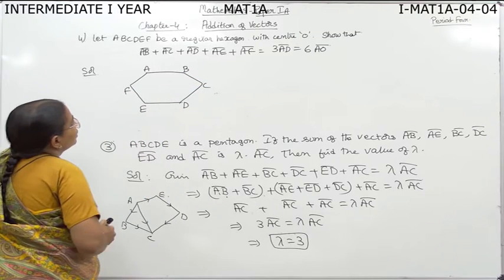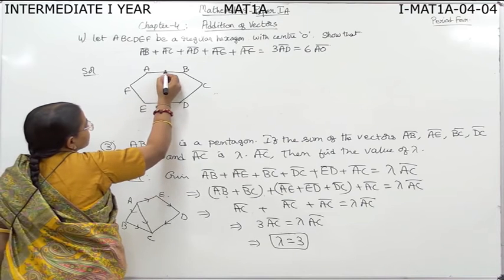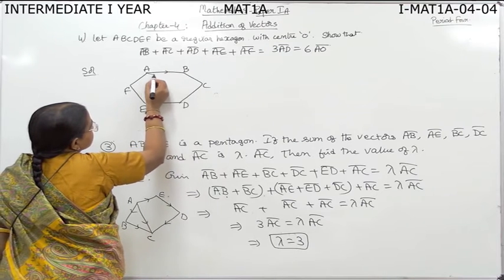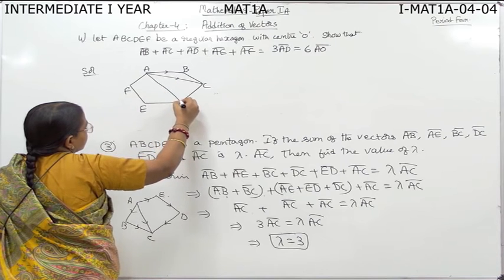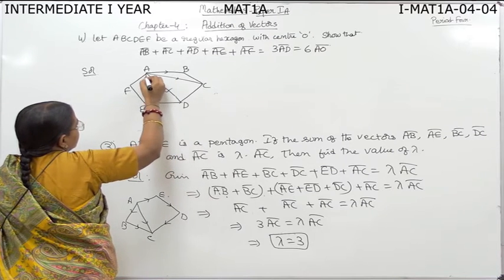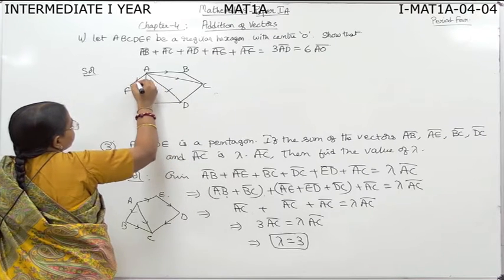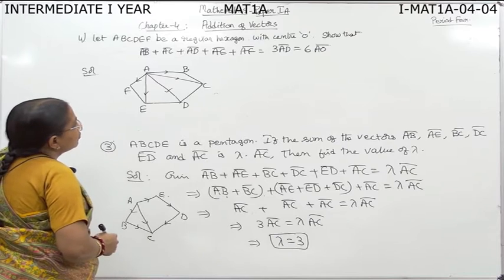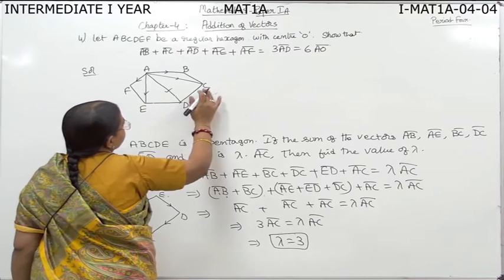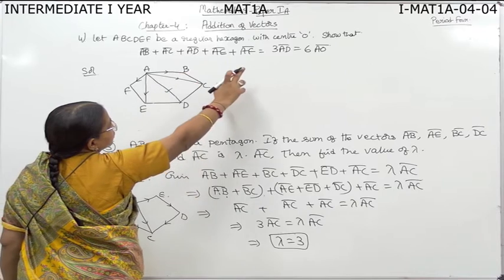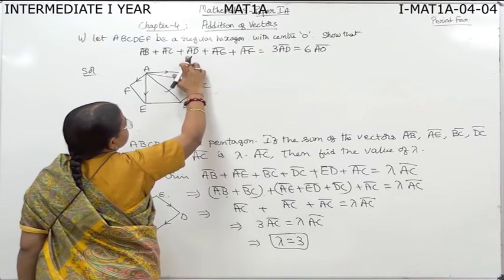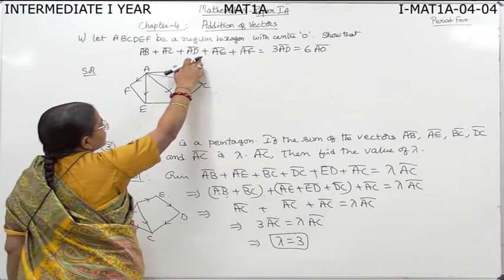Now AB, this is given. Next AC, next AD, next AE, and AF. These are all given. So now what you do is, AB you should write in terms of AD. One AD is already there, so we'll not disturb this.